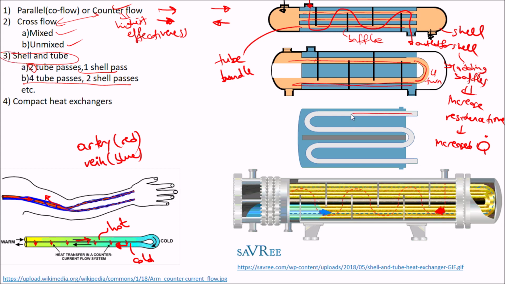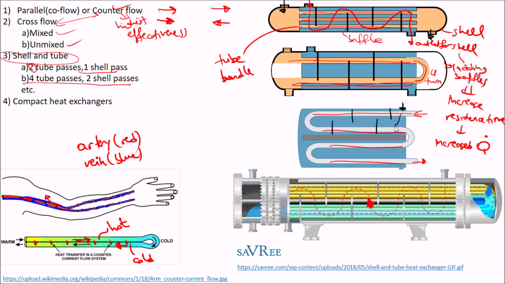And here you can see there is one tube pass, another one, and another tube pass, and another tube pass. You can see 1, 2, 3, 4 tube passes. So this can be the inlet and this can be the outlet. But for the shells we have two shell passes. If this is the inlet of the shell, you could have the baffles here, something like this.